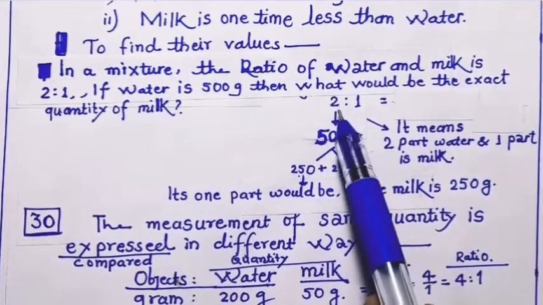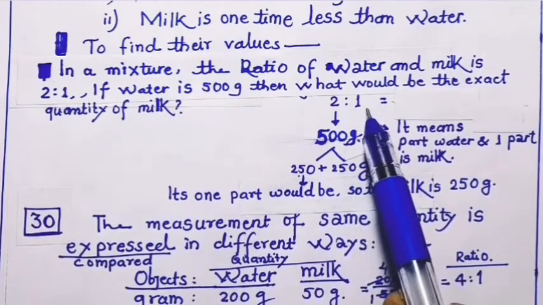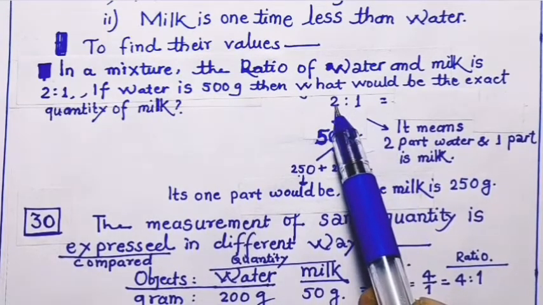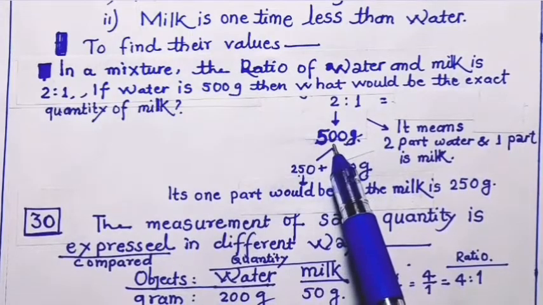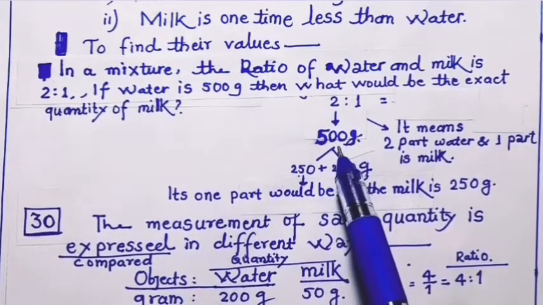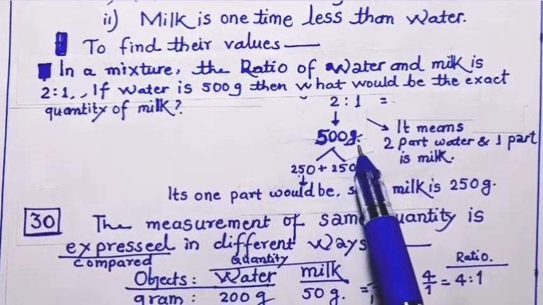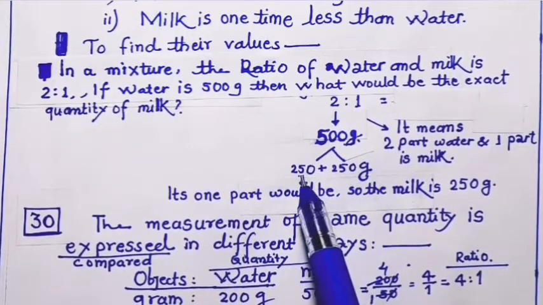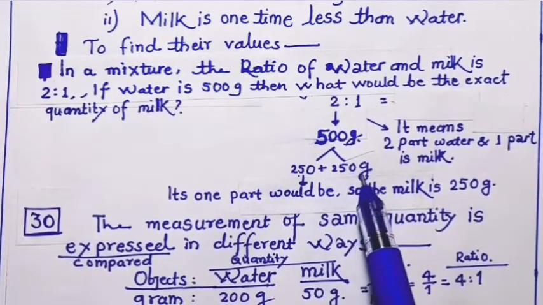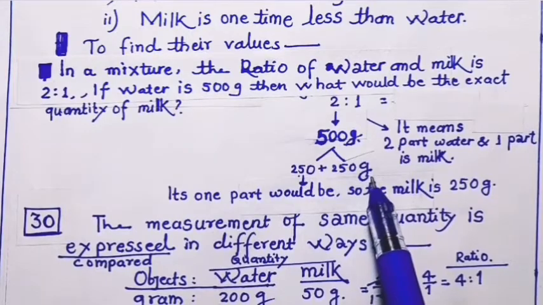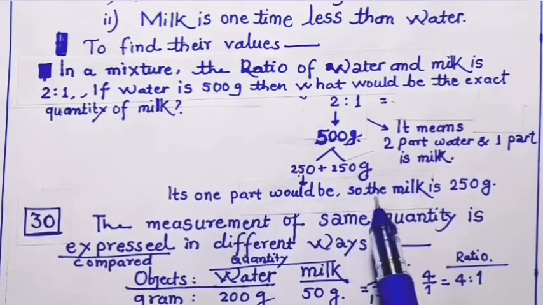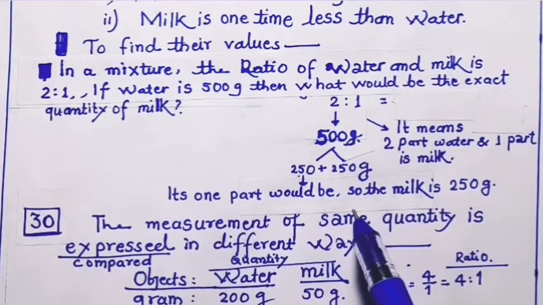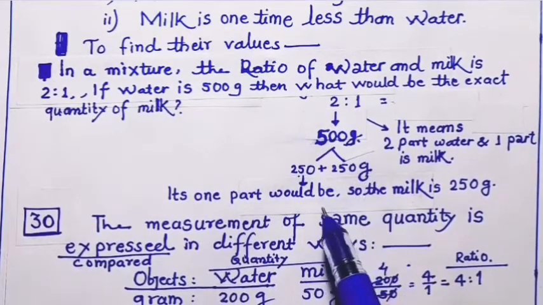The ratio is 2 to 1 and 2 parts water is 500 grams, 250 plus 250 grams, its 1 part would be 250 grams.